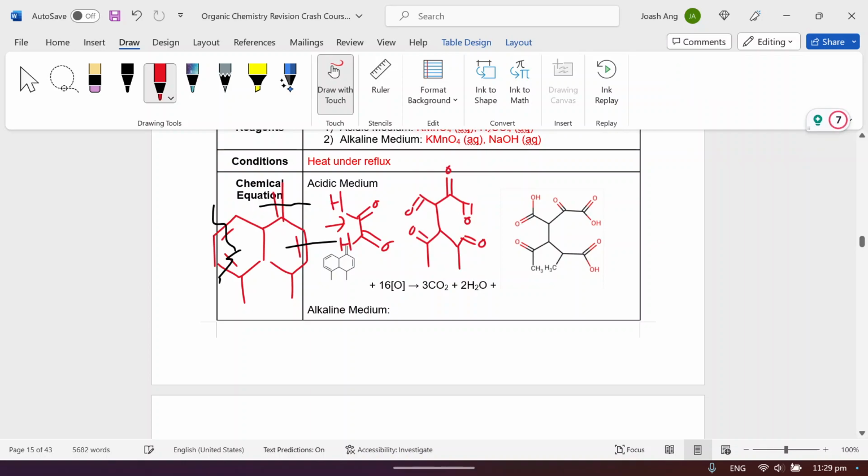Originally, it's actually this, but because we are oxidizing it further due to the strong oxidizing agent of KMnO4, we add the oxygen to each of these hydrogens.